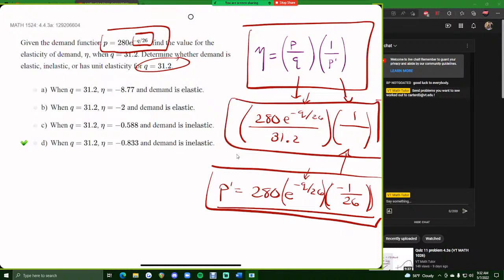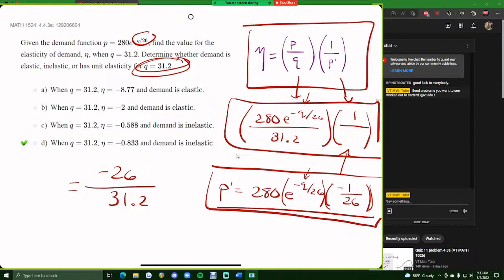In the end, it ends up simplifying to just negative 26 over 31.2. So what I'm hinting at here is when you get this problem with this format, you can use this shortcut. Negative 26 comes from this exponent here, so just negative 26 divided by the q value, 31.2.